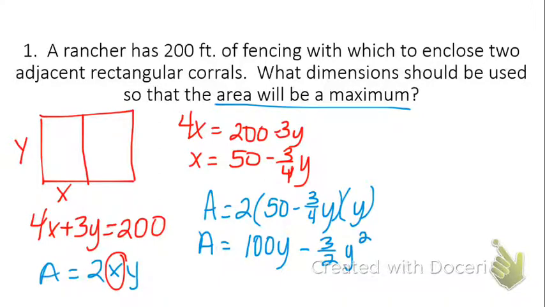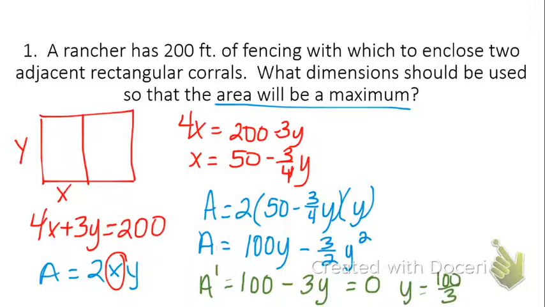Now you find the derivative. Set it equal to 0. Solve it. Wait, isn't it 3/2?